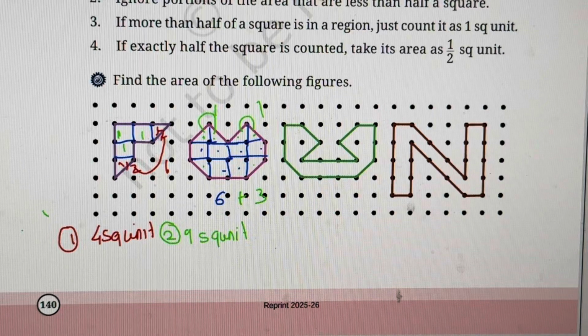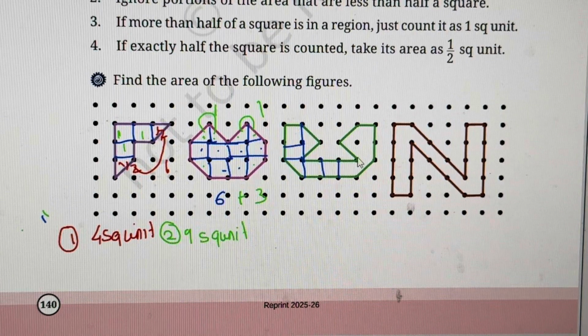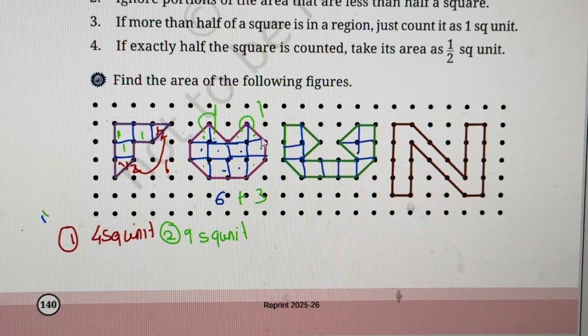Now let us see the third shape. We divide it into, again, full and half squares. To divide that, you just need to join the dots. Now let us first count the full squares. How many full squares are there? 1, 2, 3, 4, 5, 6, 7. 7 full squares are there. And how many halves?